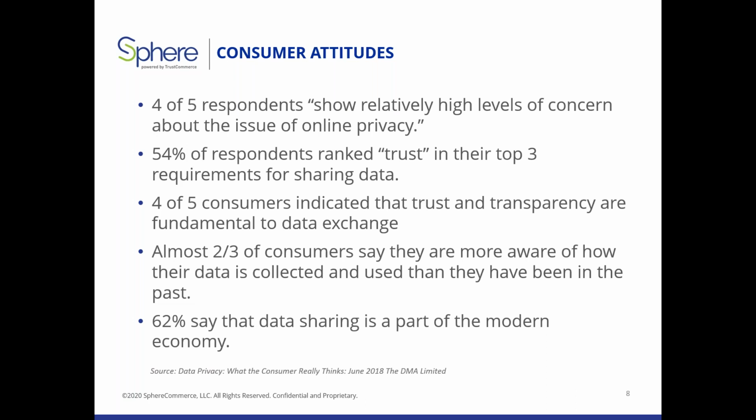I don't think any of these statistics are really going to be surprising to anybody. We talk again about trust and transparency, and those themes are going to come up again and again with respect to the ability to successfully fundraise, the ability to, even from a business perspective, succeed. That trust, that relationship essentially with the consumer or the donor is so important.